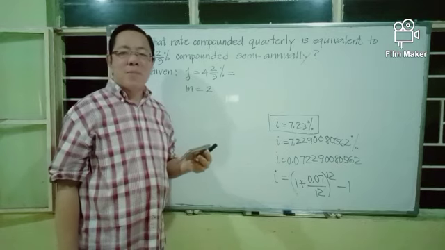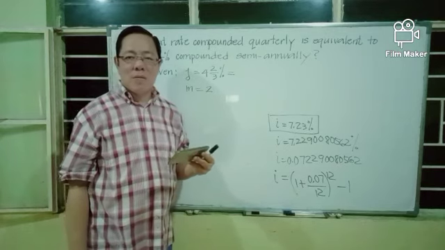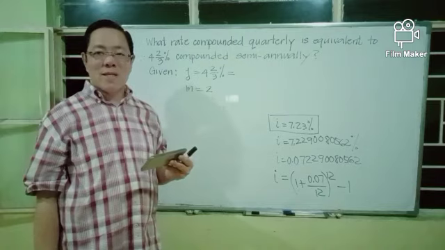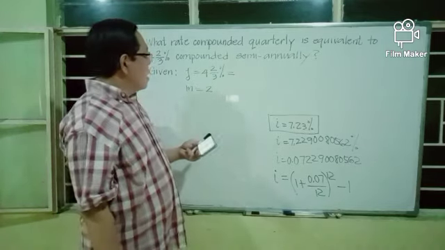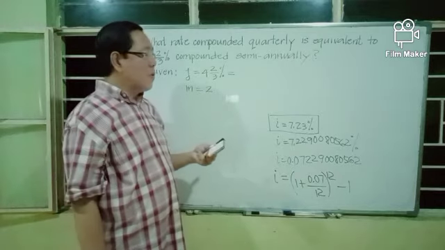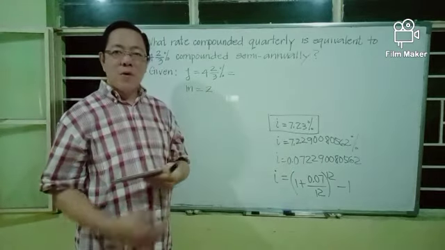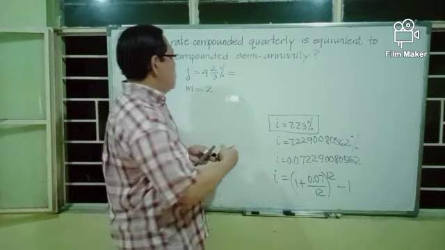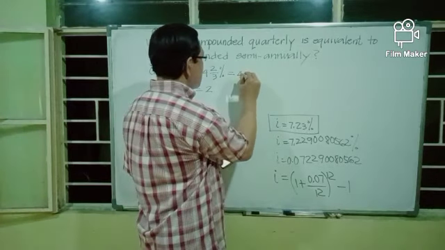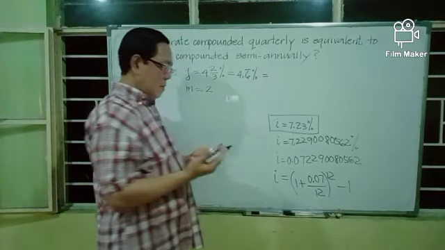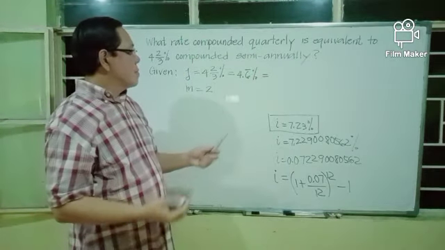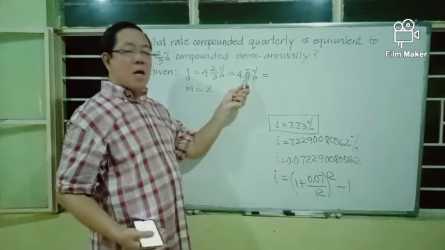It's a non-terminating repeating decimal number where the digit 6 is repeated without end. And to this answer we add 4. We get 4.6 bar percent.